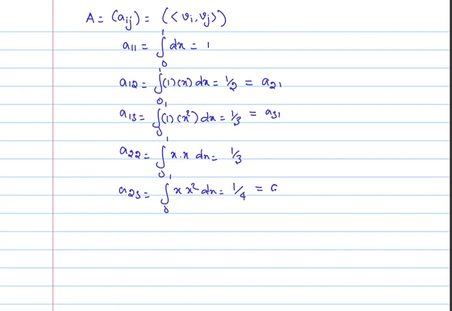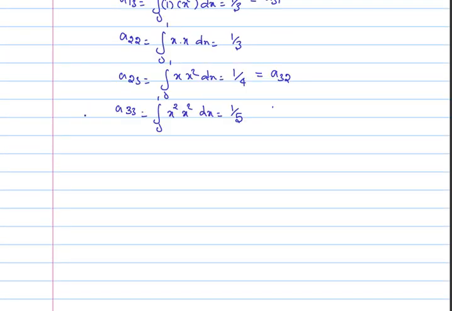In the same way we get A32, and A33 is the integral from 0 to 1 of x power 2 times x power 2 dx, equal to 1 over 5.